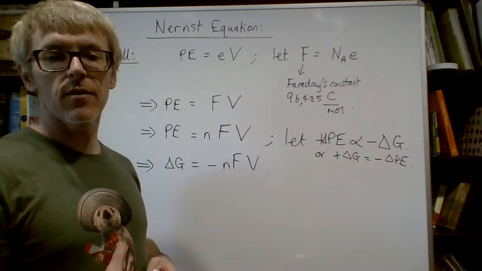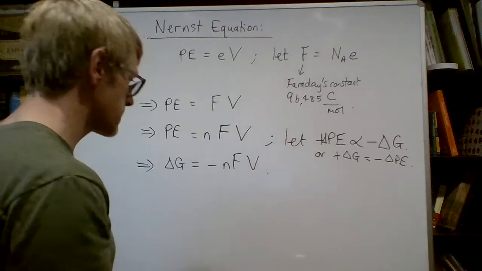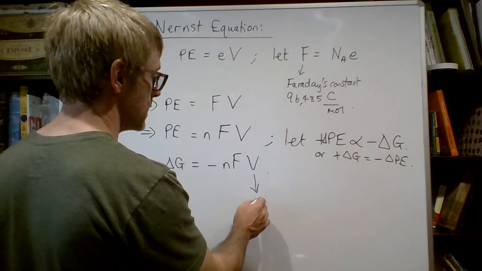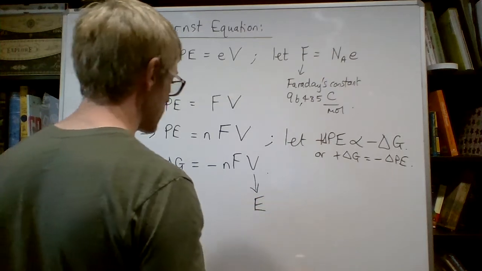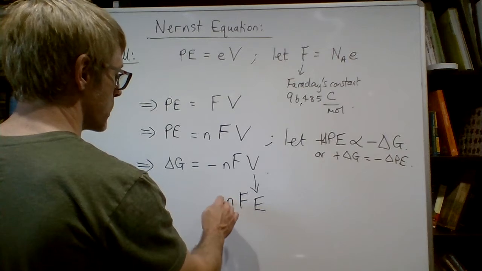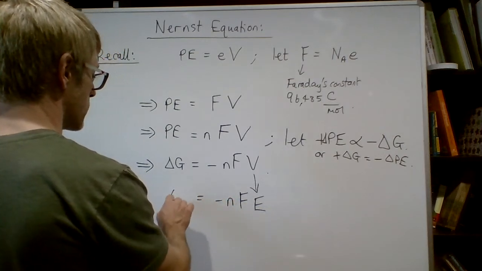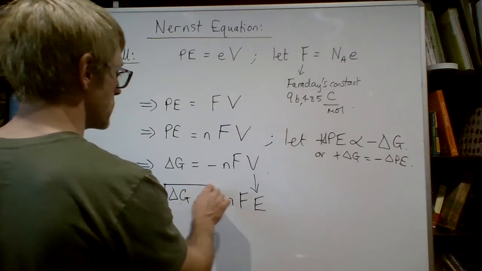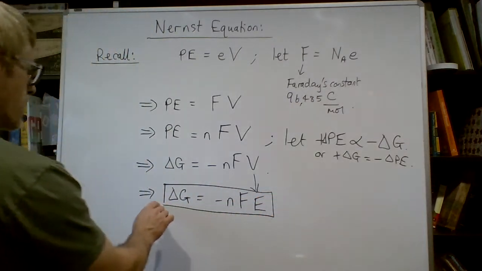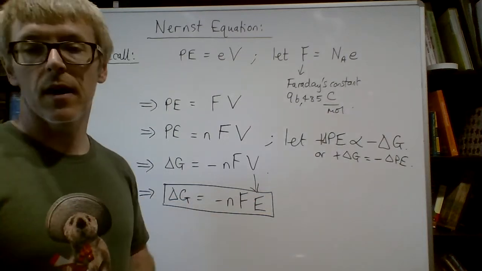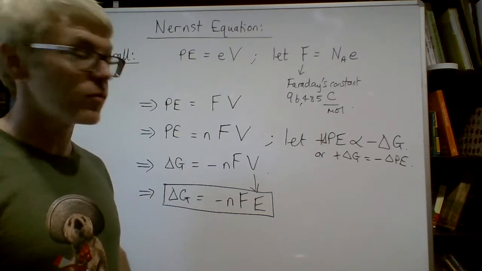However, in a lot of general chemistry textbooks, V is rewritten as E for electromotive force. So for the most part, you'll see this equation written like this, where delta G is minus moles n, Faraday's constant F, voltage or electromotive force E.